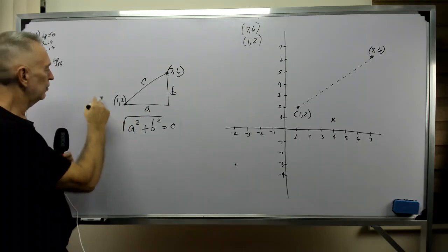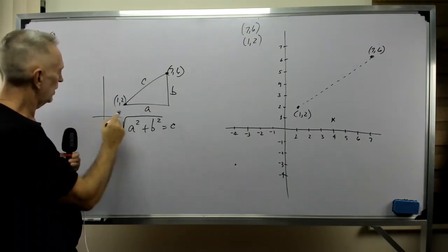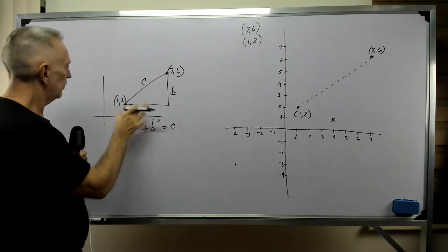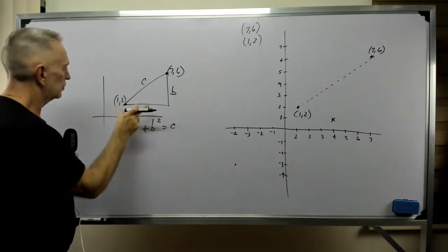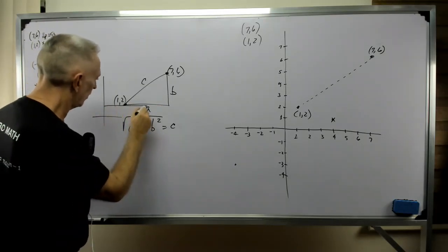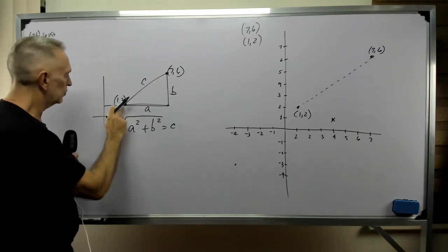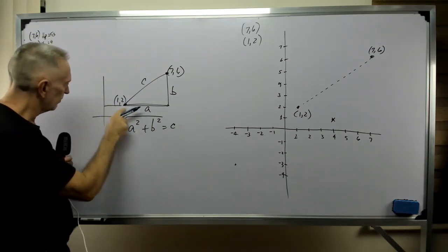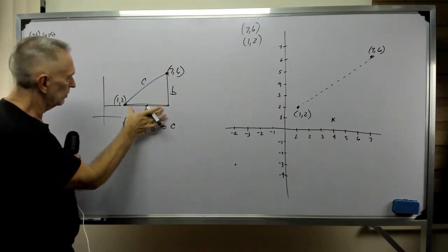Now you'll notice the coordinates are over here like this. If I'm looking at the length of this line, it's this total length minus that length. That would give me the remaining distance right here.